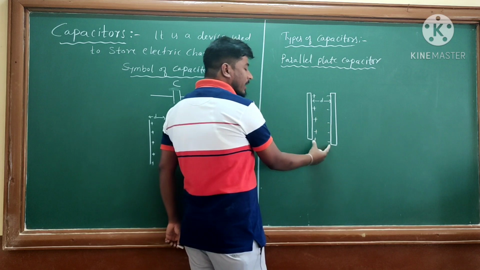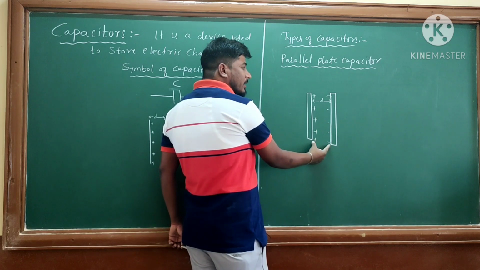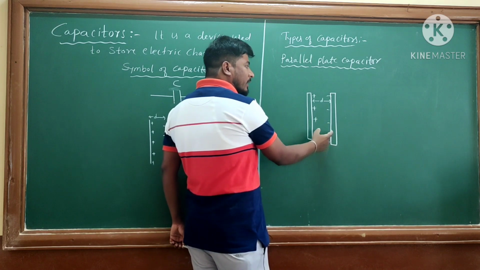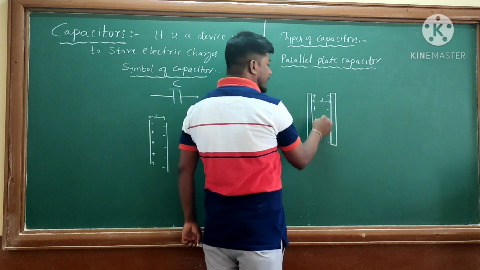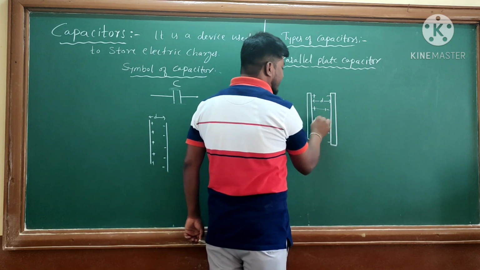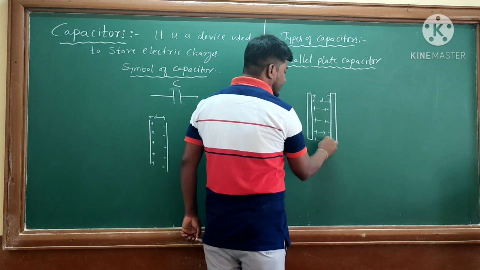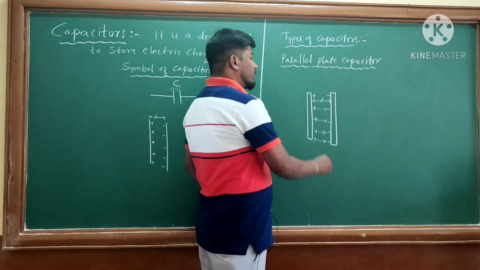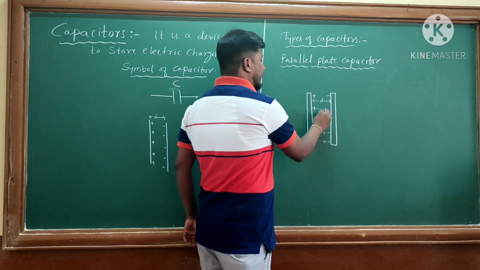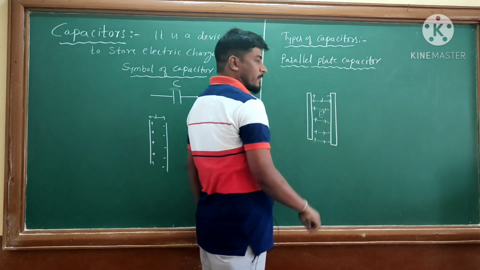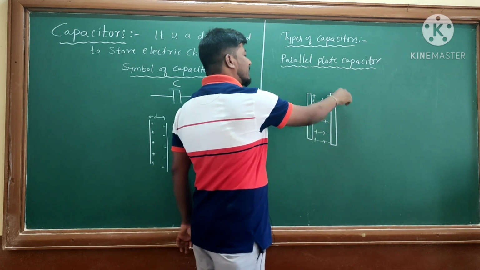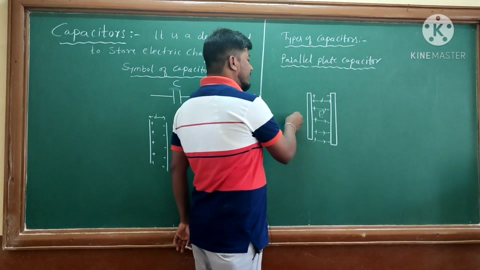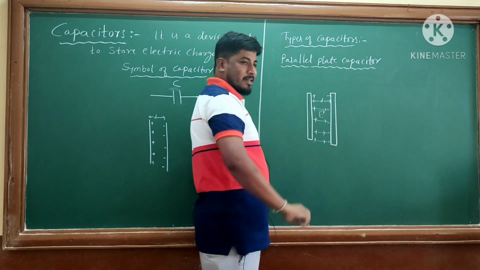Inside the space between this capacitor, there is an electric field like this. We know that the electric field direction is from the positive to the negative. So there is an electric field inside the capacitor. Right? Outside the capacitor there is no electric field. E is 0 here.